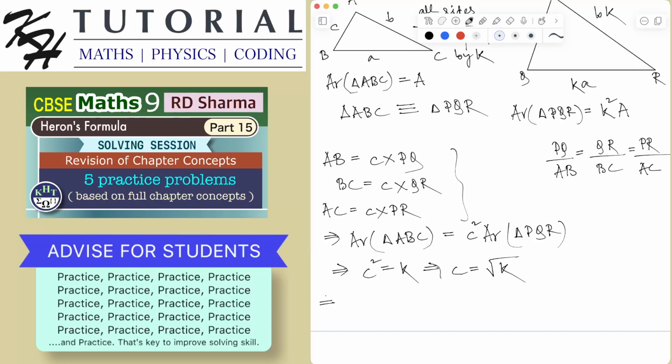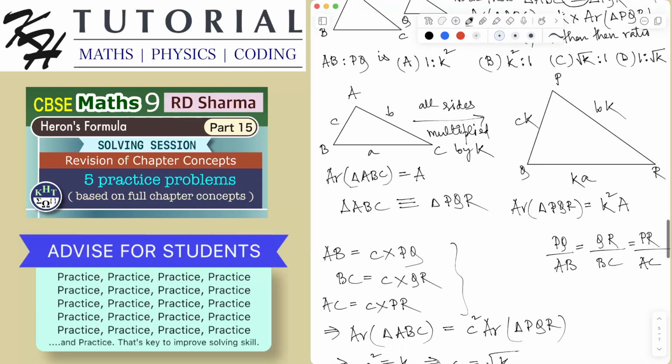So then we are asked to find the ratio AB is to PQ.